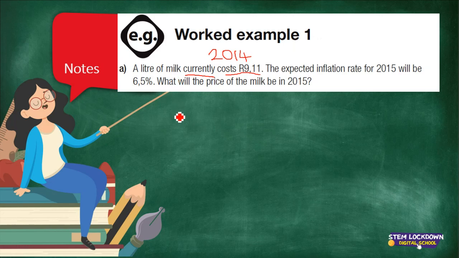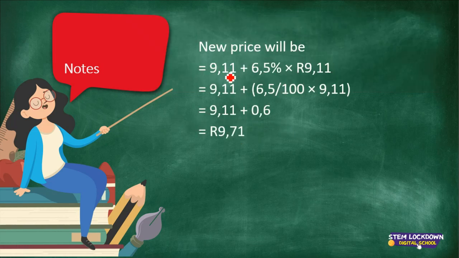So basically here, you take the current price, which is 9 rand 11 cents, and then you increase it by 6.5%, which is 6.5 divided by 100, right? So the new price equals 9.11 plus 6.5 over 100 times 9.11.